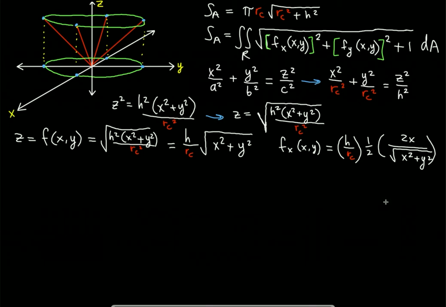Okay? And notice what happens is these two cancel out, right? Because the 2 on the top, 2 on the bottom, they cancel out. So you don't see that anymore. Now, in the same way, the partial derivative with respect to y for this multivariable function is going to be the same, right? The h over rc is written again.